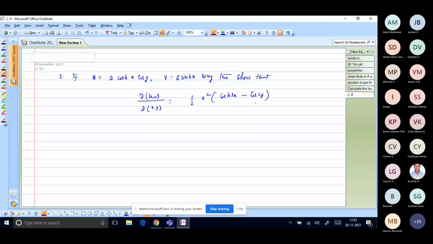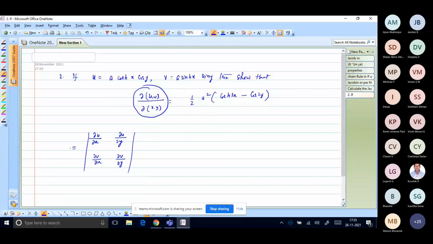So what I have to calculate? This quantity. Okay, so del u upon del x, del u upon del y, del v upon del x, del v upon del y. I have to calculate this determinant, and this is nothing but the Jacobian of u, v with respect to x, y.